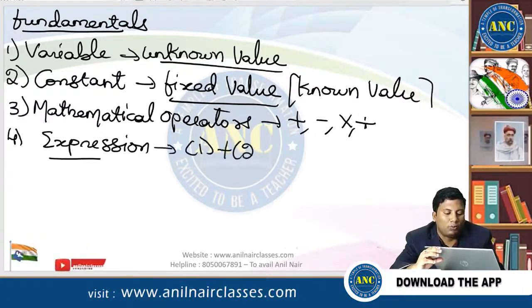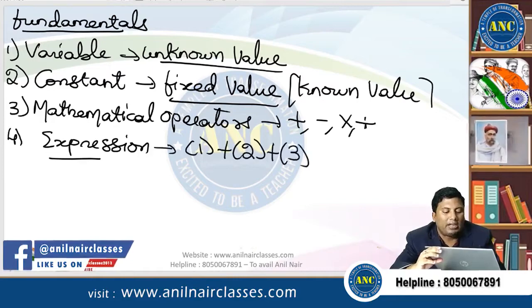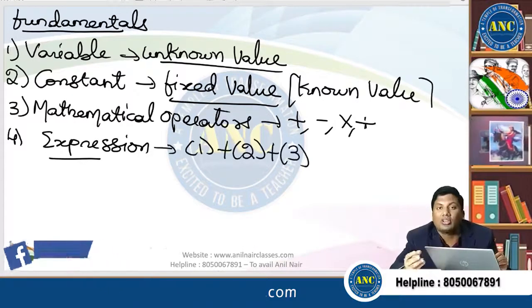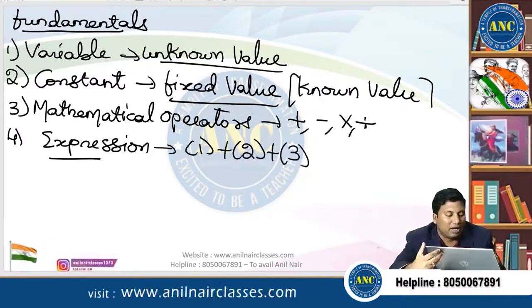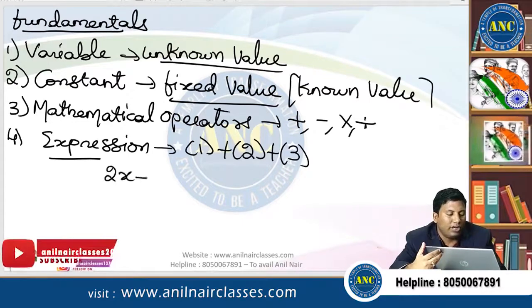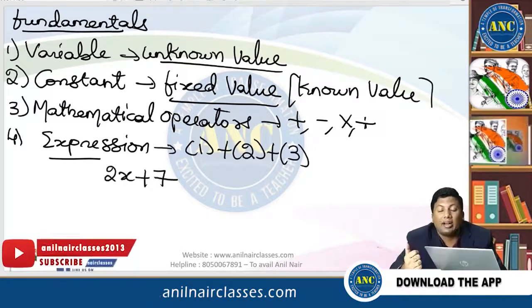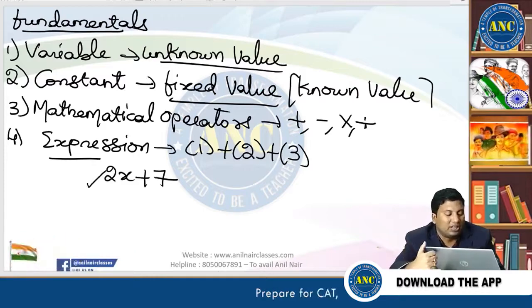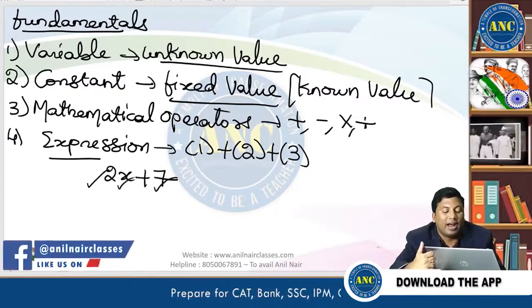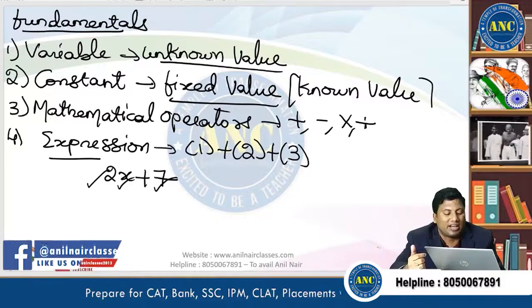Mathematical operators associated with constants and variables. For example, 2x plus 7 is an algebraic expression. Here x is a variable and 7 is a constant.